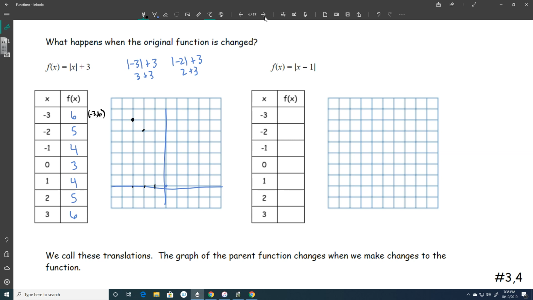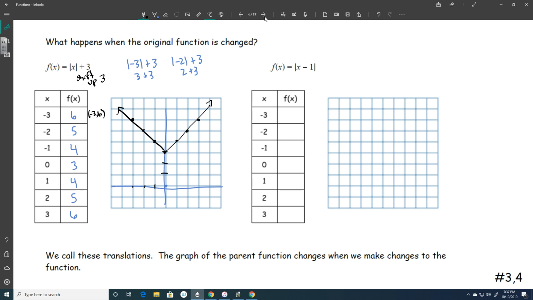I go over 1, and I go up 4. Then I go over 0, up 3, and then it's going to look the same on the other side. So if you notice what that did to my graph, having that +3 on the outside shifted my graph. It's the same picture, it's just shifted up 1, 2, 3 spots. And that's what this +3 does, it's going to shift up 3.